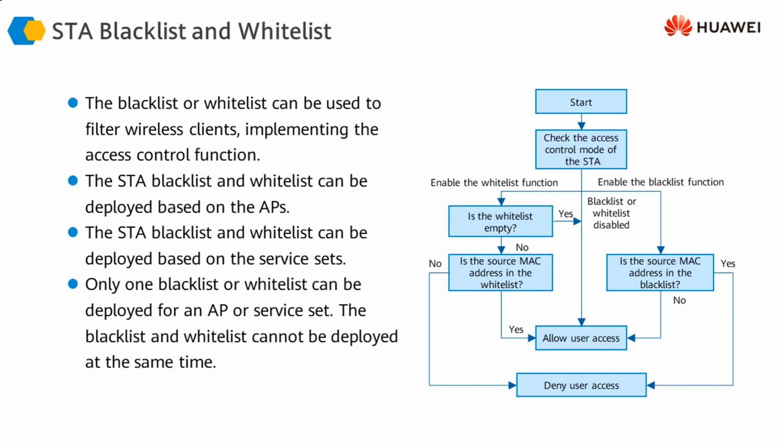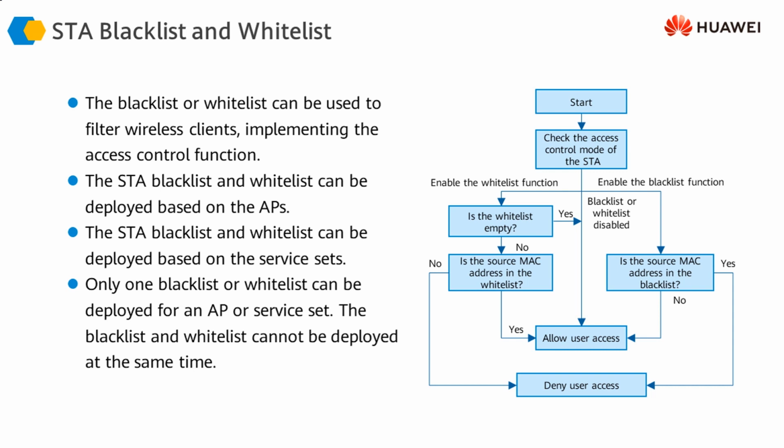We can configure just one of these lists, either a whitelist or a blacklist, not both. If a device or client is part of a whitelist, it will be allowed to establish a connection with the AP. Anyone that is not part of the whitelist will not be allowed, which means that by default all the MAC addresses or stations not on the whitelist cannot connect to the access points.